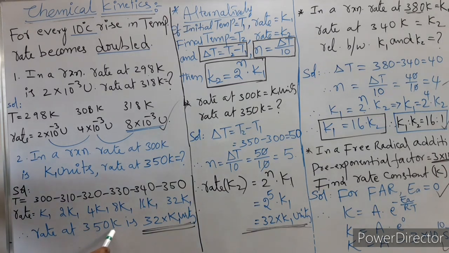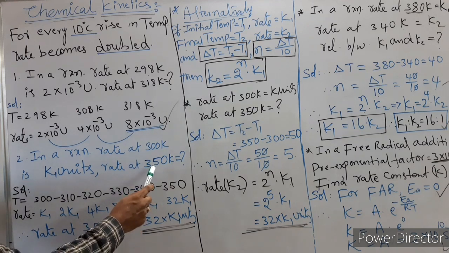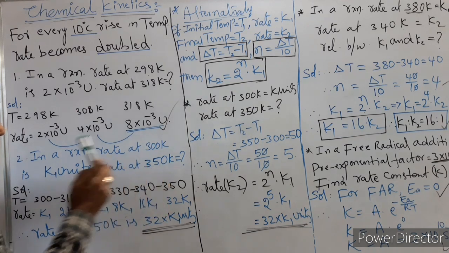So, rate at 350 K is 32 into K1 units. Here the temperature increases by 50 degrees.